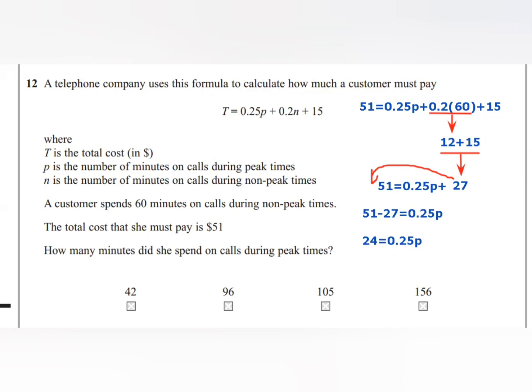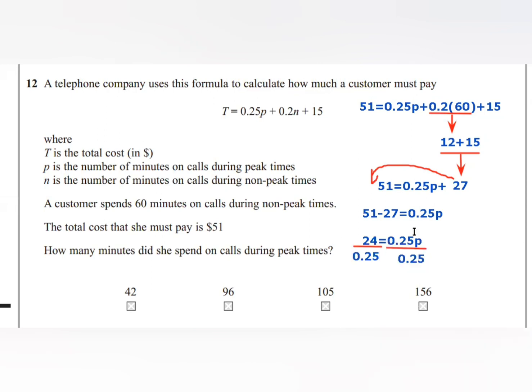It is the same idea, it will have the same answer. So I'll divide both sides by 0.25, because it's multiplied, it's going to be taken by dividing to the other side.